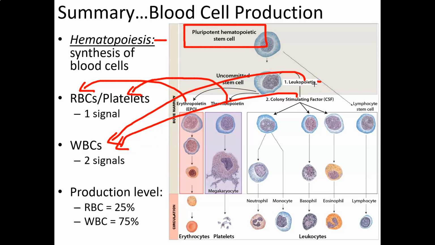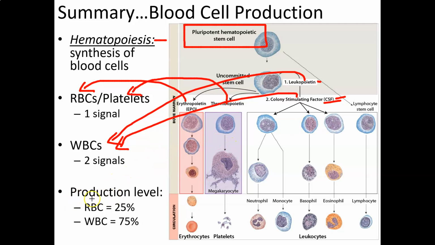Leukopoietin determines we need to make a white cell, and the colony stimulating factor, sometimes known as CSF, determines the particular type. Also, two of the white cells can be made in the lymph tissue: a lymphocyte and a monocyte, although most are made in the red bone marrow as well.